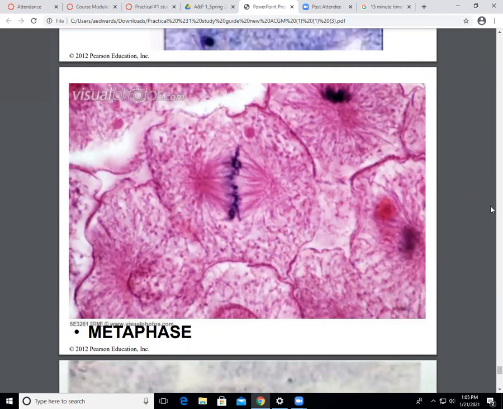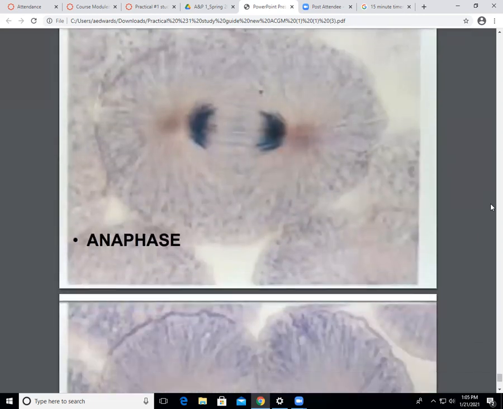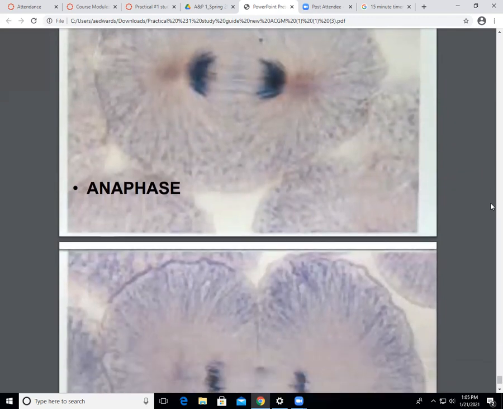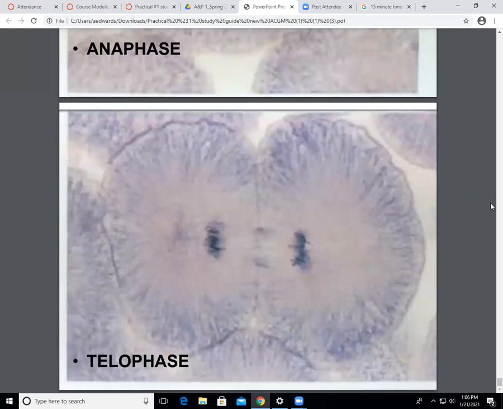And again, this is however you see it on the microscope, because here the line's going down. You might see it at an angle. You might see it left or right. It depends on the vantage point that you have for that cell. Anaphase, sister chromatids spread apart. Telophase, you're starting to get a cleavage furrow. You're starting to develop that line.